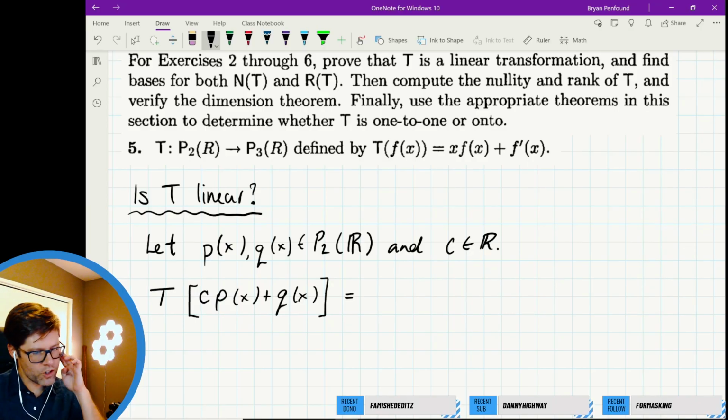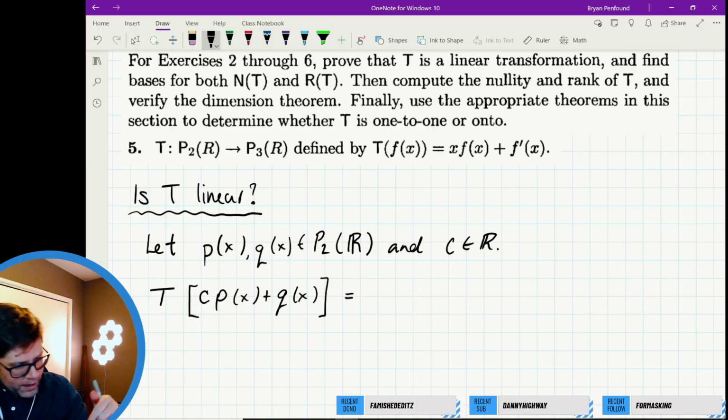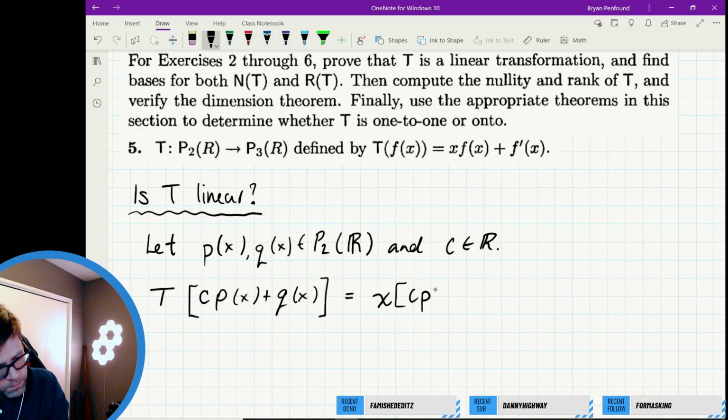Now T should naturally send this to x times the input plus the derivative of the input. So this is going to get sent to x times the input plus the derivative of the input.